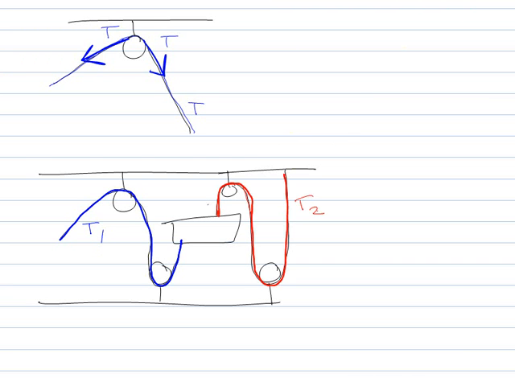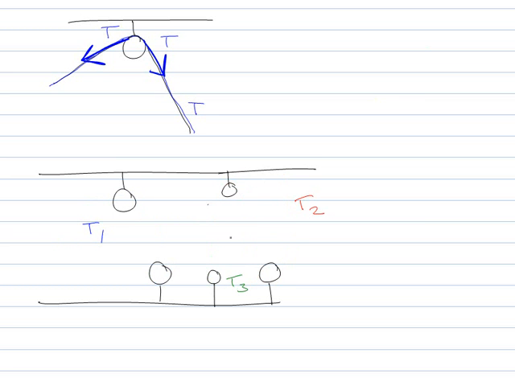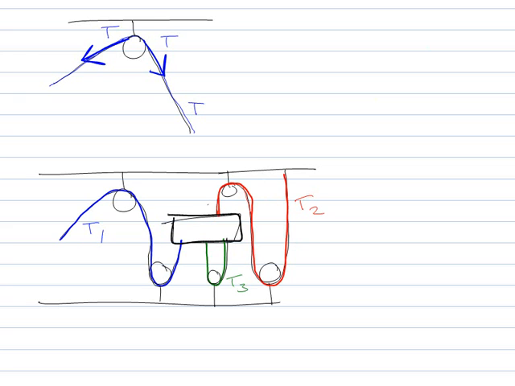And if I added another cable here, a really silly cable, its tension would be tension 3. Okay, so if I was drawing a free body diagram of the block, then I can say, okay, well this guy is pulling down with a tension of T1.